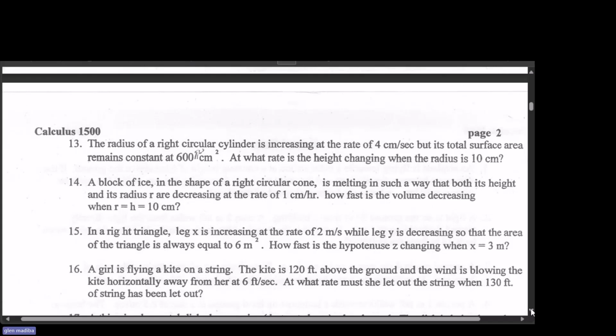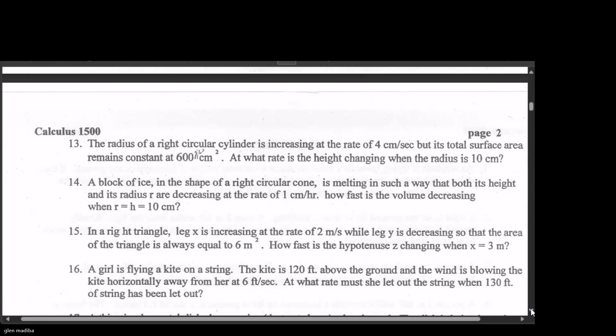The wind is blowing the kite horizontally away from the girl at 6 feet per second. Is that dx over dt or something like that, because it's horizontal? We agree. Yes. dx over dt is 6 feet per second.